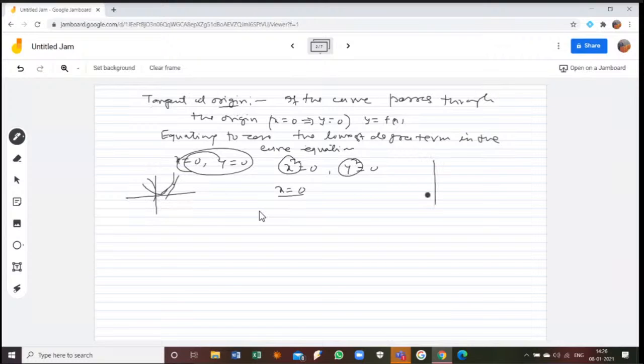Suppose the curve is this one, and the x-axis is the tangent. So this will not be a single curve here, but there will be another curve here also. Therefore, at x is equal to 0, there will be a branch of this curve where the x-axis will act as the tangent at the origin.